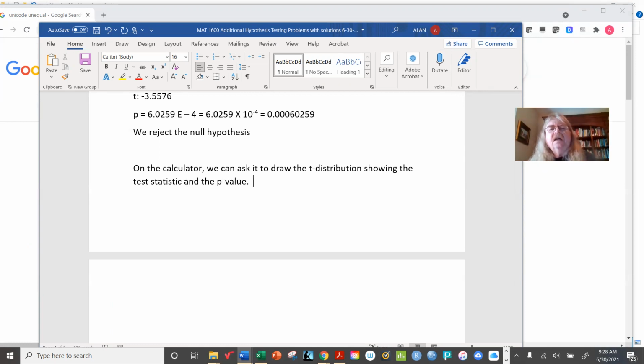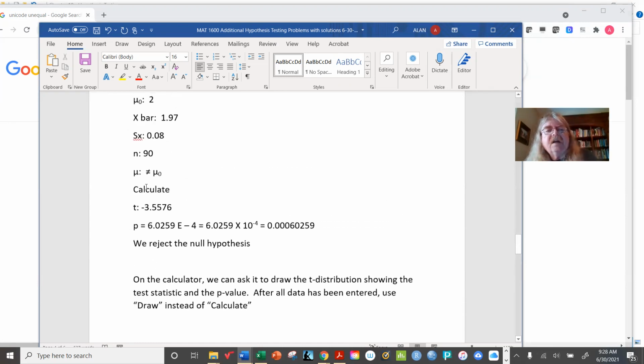So how do you do that? At the end, after all data has been entered, use draw instead of calculate. So far, every time we ran this, we used calculate, but if you look carefully, right next to it, there's an option for draw, and it actually draws a little picture.